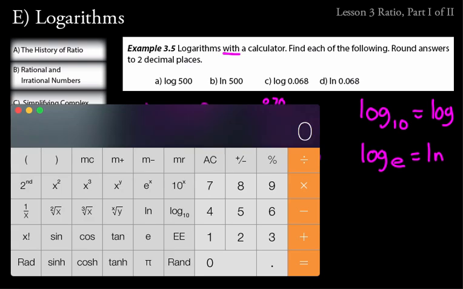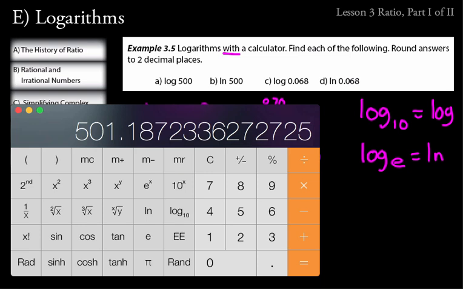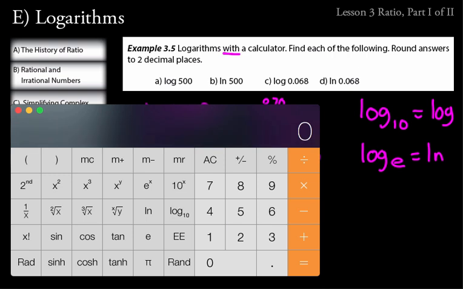So look, we could type in 2.70 and then hit this 10 to the x button, which means we're saying 10 to the 2.7. What do we get? Right about 500, 501.2. If you understand that logarithm means exponent, this is a good way to check your work on problems like this. We could do it for B as well.